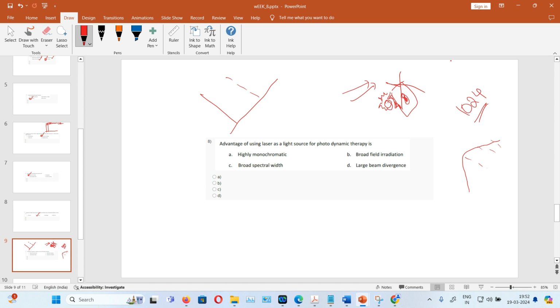It will only lose power, and it may create some extra damage or burn to the area where we are exposing. So a laser with a proper wavelength can be used. The monochromaticity of the laser is good for doing that.